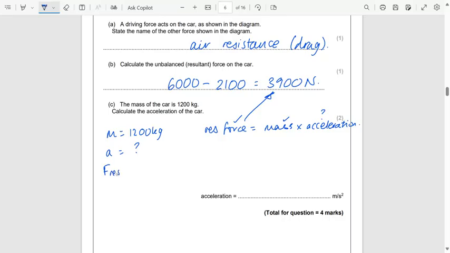So I'm going to put force, res for resultant, 3,900 newtons. It's always the resultant force. It's always the unbalanced force. So I have 3,900 newtons equals 1,200 kilograms times A. I'm trying to find A, so I need to isolate A. So I'm going to divide both sides by 1,200.